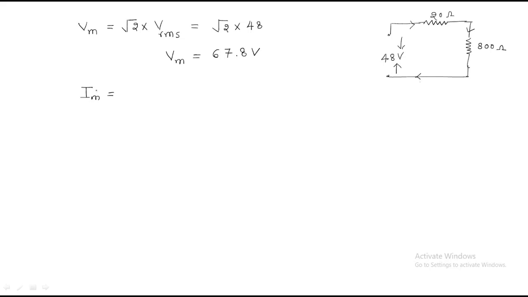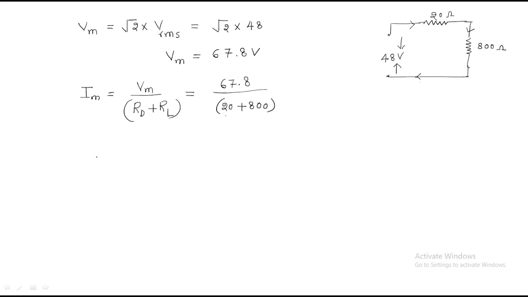But we need only the maximum, that's why we directly use the maximum values. To find the maximum current, it is maximum voltage divided by diode resistance plus load resistance, because the voltage drops across the diode resistance as well as the load resistance. The maximum voltage is 67.8, the diode resistance is 20 ohms plus 800.